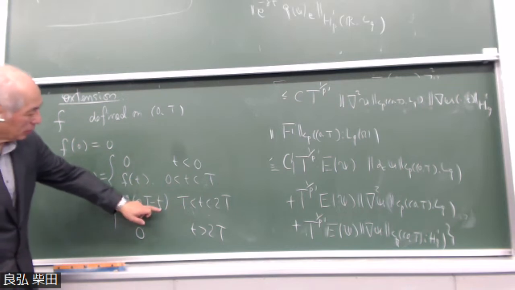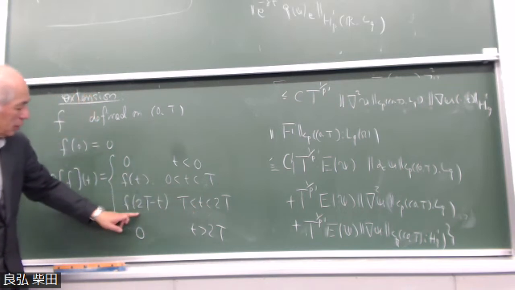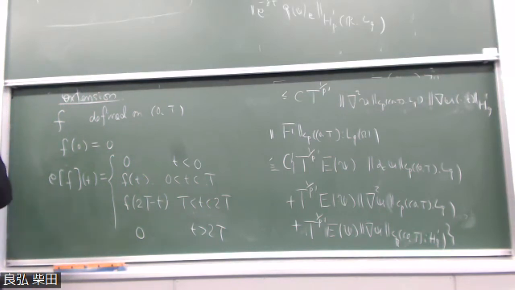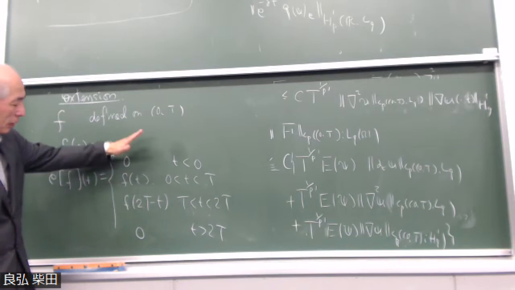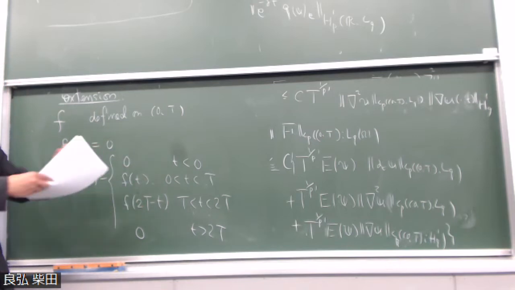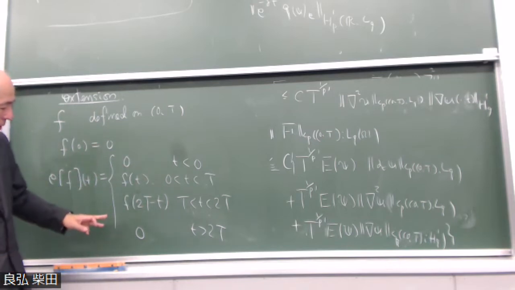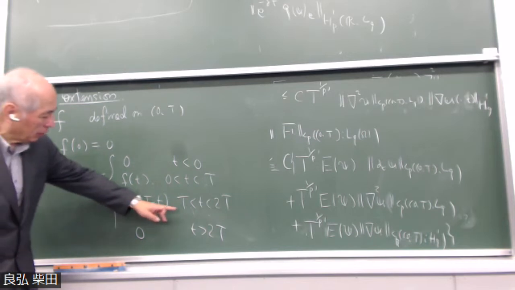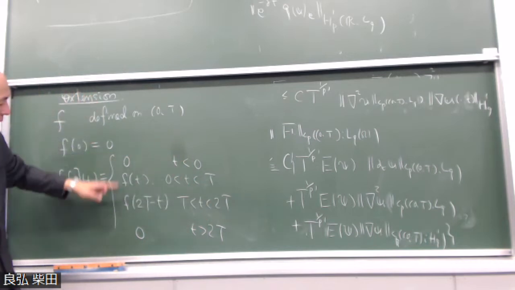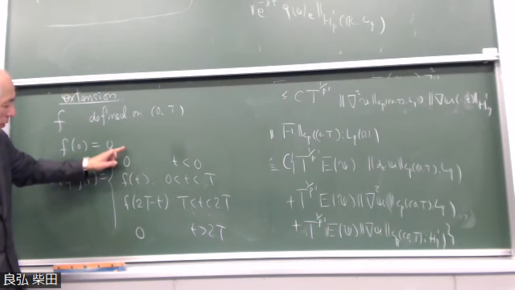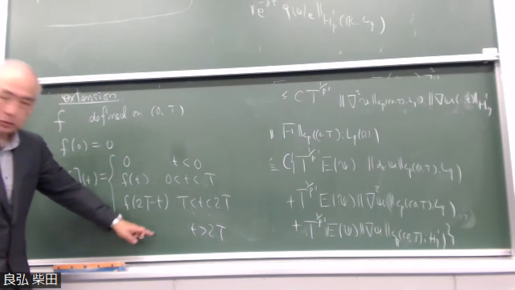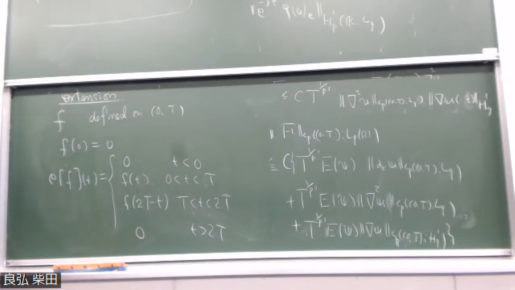And then when t equals 2T, this becomes 0. So it's of course continuously connected. And when t equals 2T, again this is 0. Therefore the zero extension is also differentiable. So this is good.